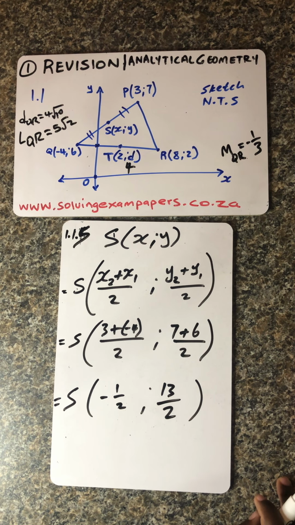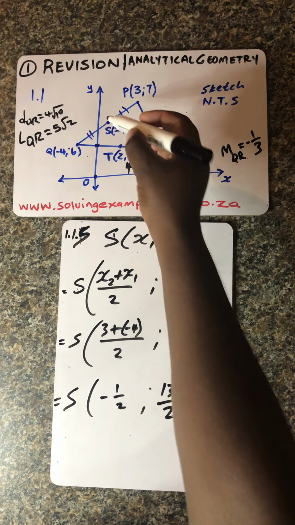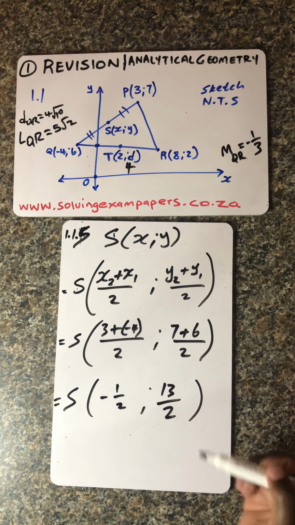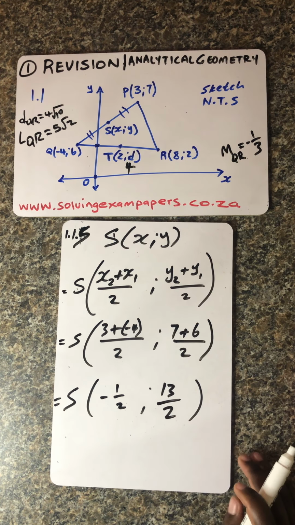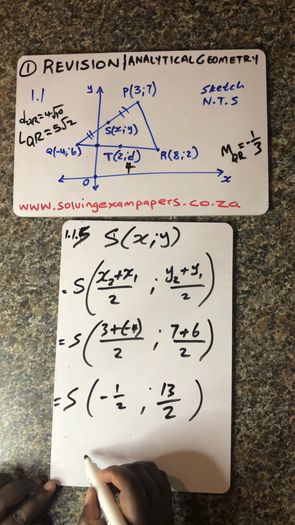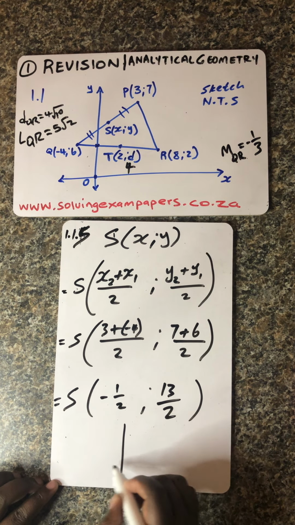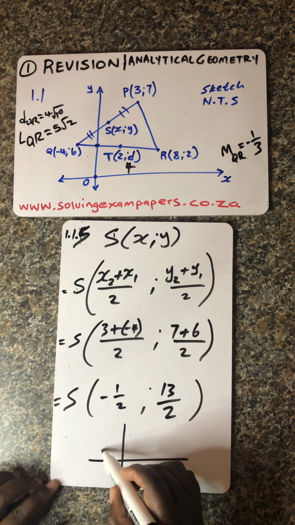Something that I want you to notice is the fact that the x value is negative, but I made a point over there which is on the positive side of the x-axis.